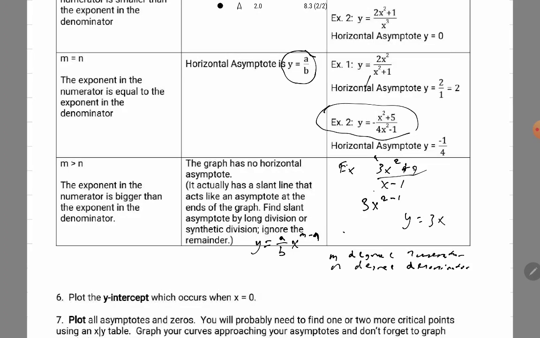Hopefully we don't run into too many of these, but it's where your top degree is bigger than your bottom. You take the leading coefficients, divide them, a over b, and then multiply by x to the m minus n, and that is your slant asymptote.